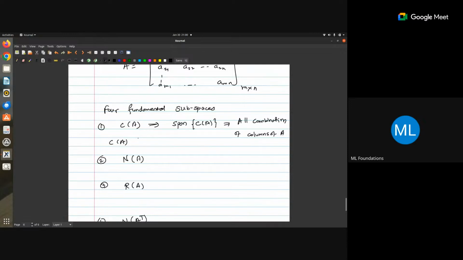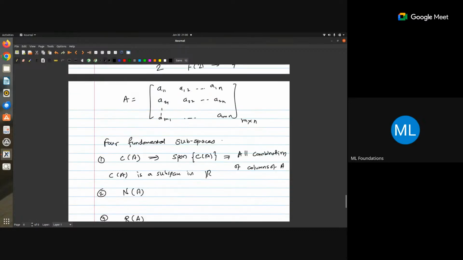It is a combination of columns, in Rm or Rn? Rm. Why? Because m rows are there.